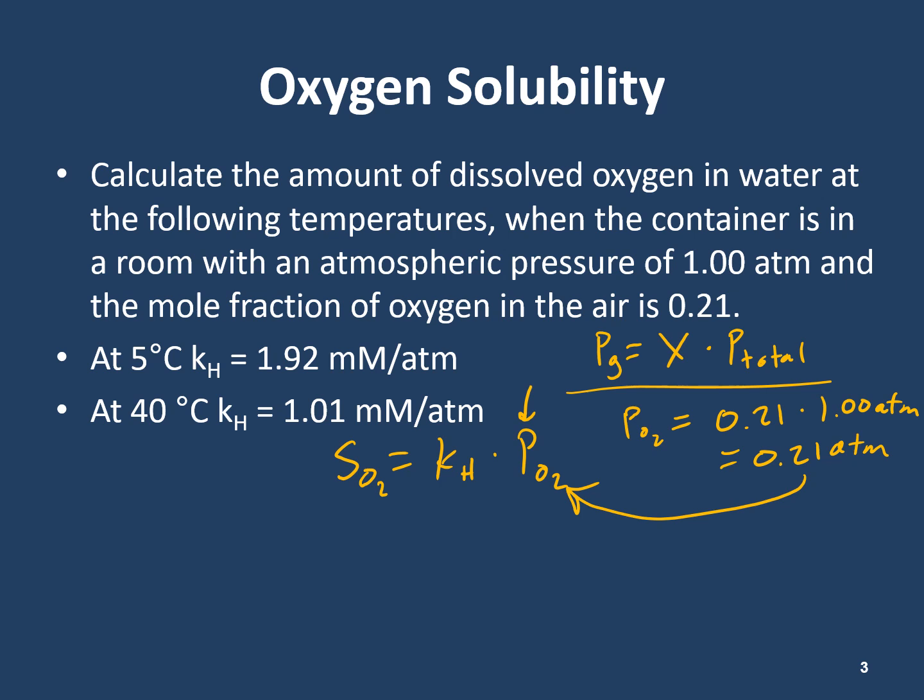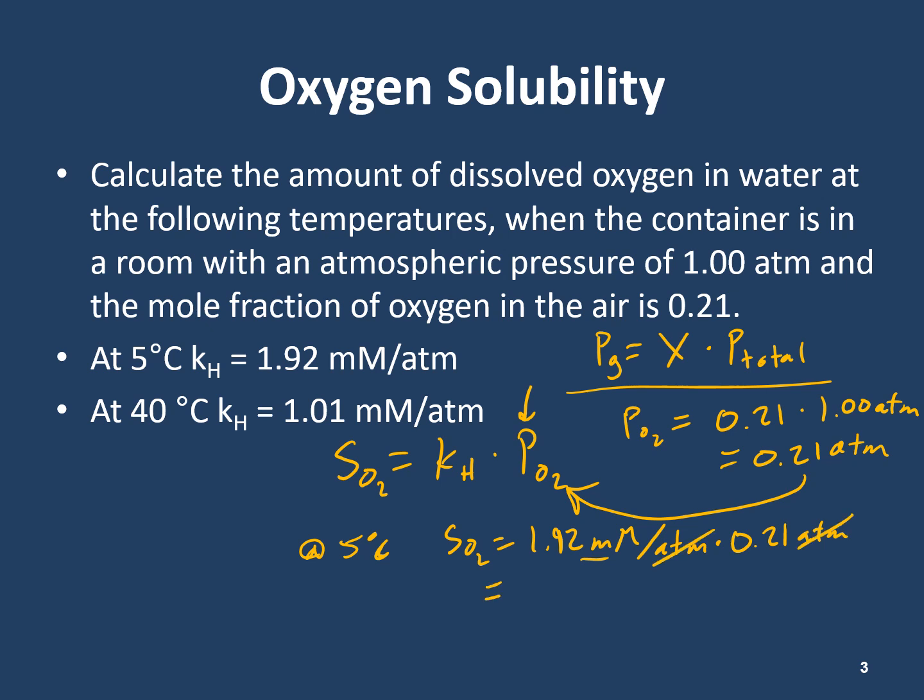So at, for instance, 5 degrees Celsius, we would have S of O2 equal to 1.92 millimolar, that's just the milli prefix, per atm, times 0.21 atm. The atm's are going to cancel.